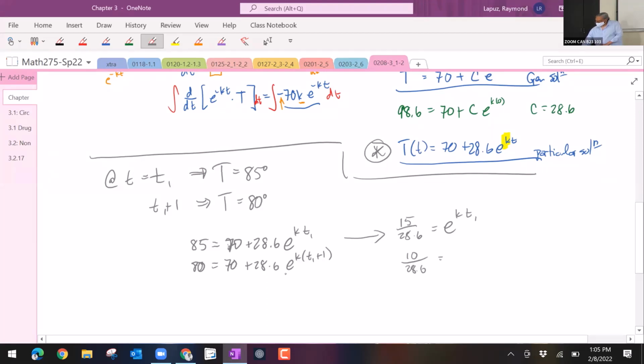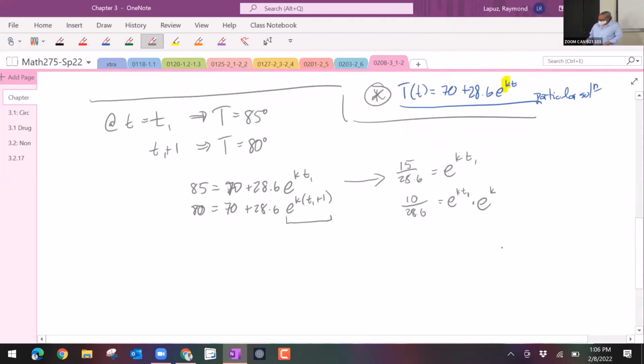And then I'm going to rewrite this also because it looks like it's e to the kt1, times e to the just plain old k. So I think if I solve for e to the kt1, I can find e to the k, and then eventually find k.